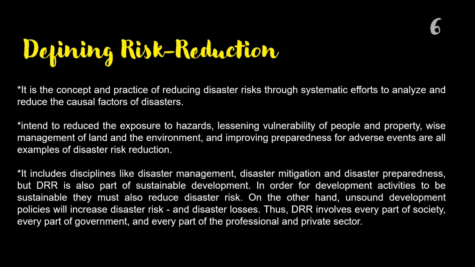It includes disciplines like disaster management, disaster mitigation and disaster preparedness, but DRR is also part of sustainable development. In order for development activities to be sustainable, they must also reduce disaster risk. On the other hand, unsound development policies will increase disaster risk and disaster losses. Thus, DRR involves every part of society, every part of government, and every part of the professional and private sector.